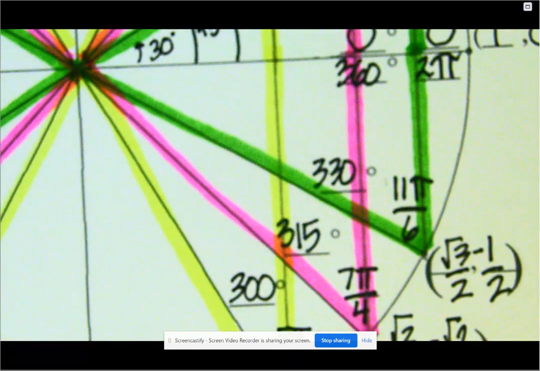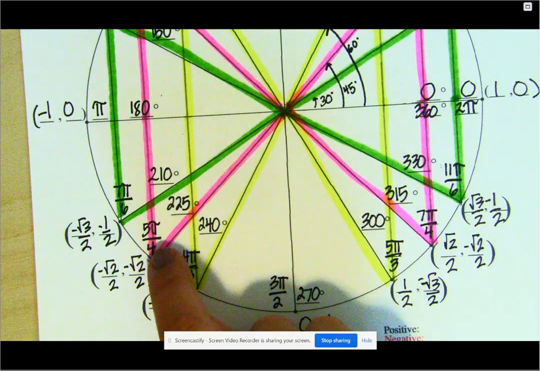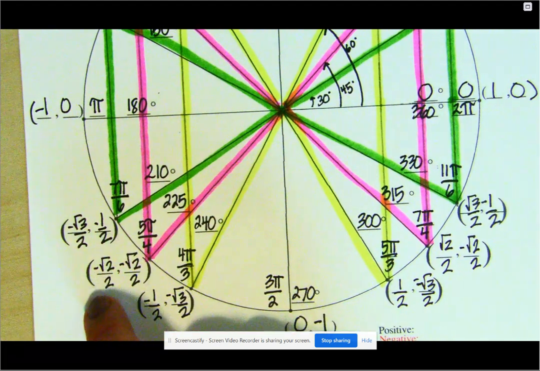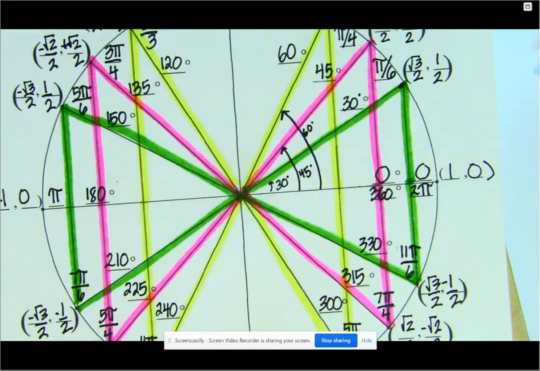What is the cosine of 5 pi over 4? Well, here's 5 pi over 4. The cosine is the x coordinate. Boom, negative square root of 2 over 2. So as you're working through your activities, have one of these by your side.